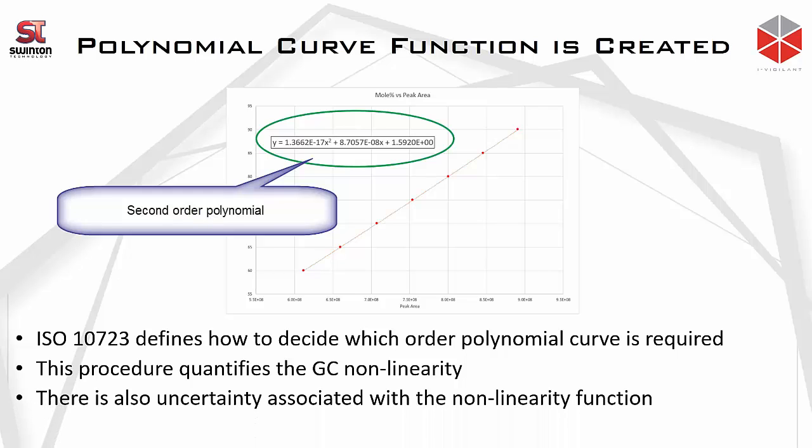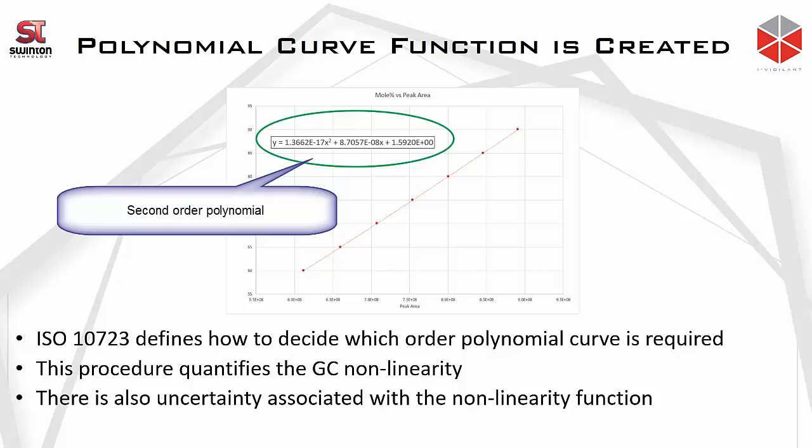Now, there's also uncertainty associated with the nonlinearity function. Every time we do a test, let's say on the 60% gas, we will get a peak area that goes up and down within a certain limit. And also, when we do it across this range, we get peak area that goes up and down within a certain limit, a certain uncertainty or repeatability.